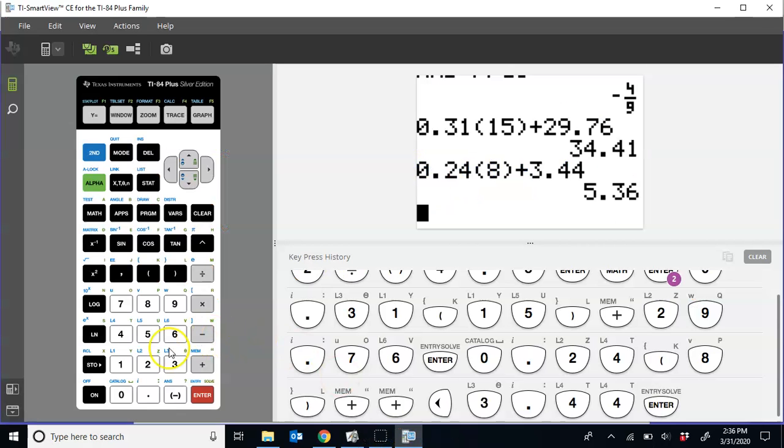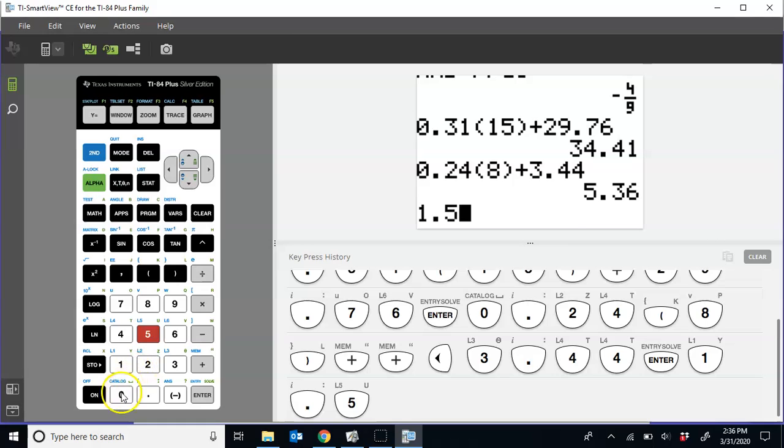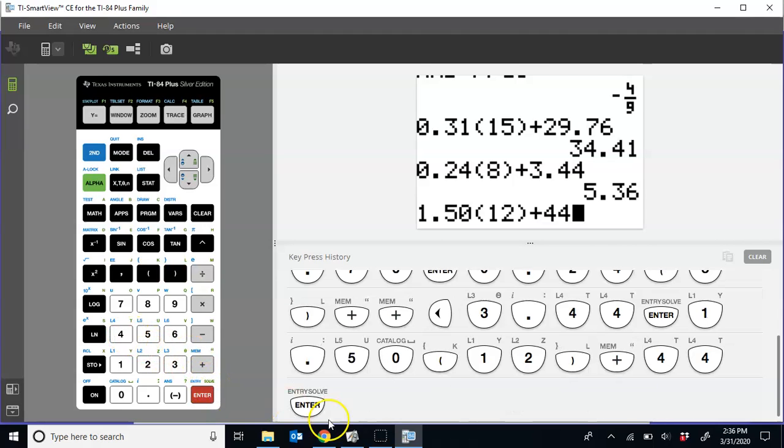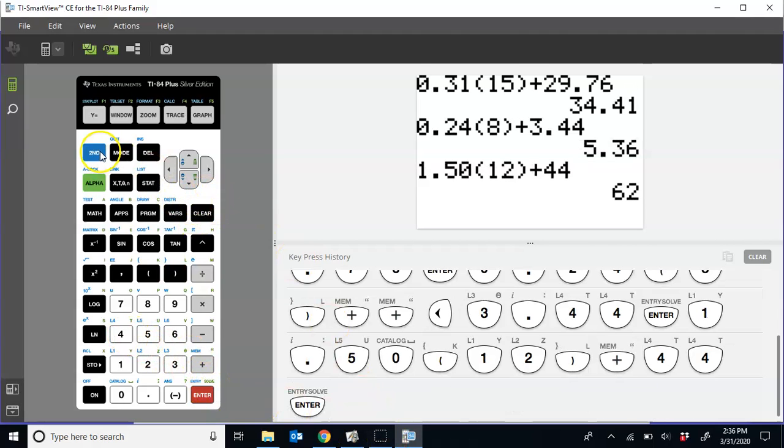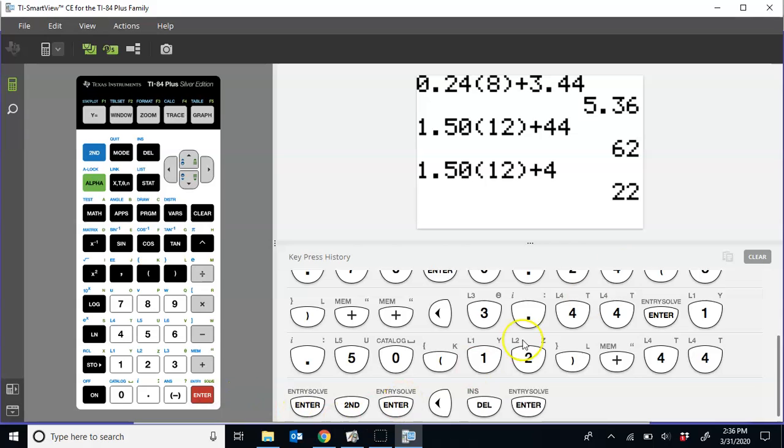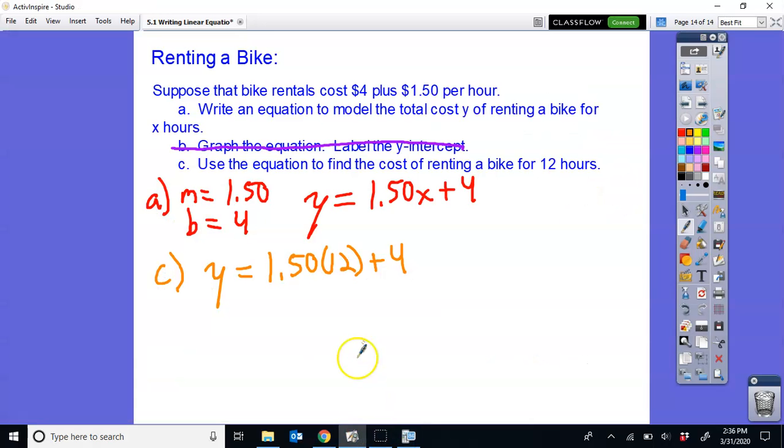So I take out my handy dandy calculator. I do $1.50 times 12 hours plus 4. Oh, goodness. Love the calculator. Technology's been really liking me the past few days. $22. So it cost me $22 to rent it for 12 hours. It's not bad for renting a bike, but that's how much I would need to have in my wallet if I'm going to rent this bike for that long.